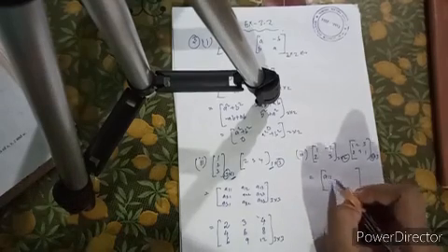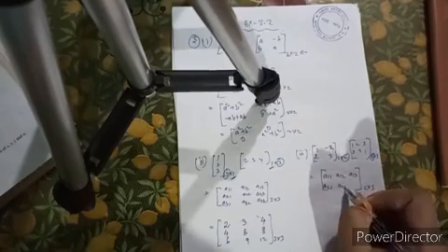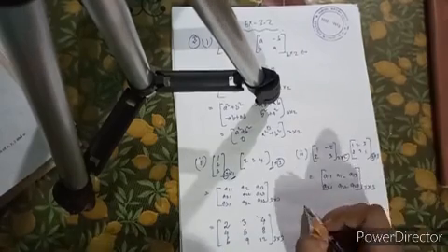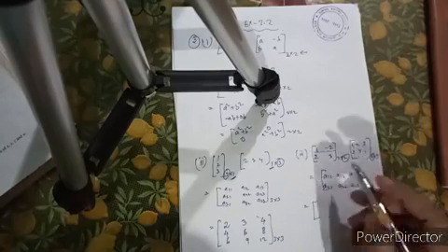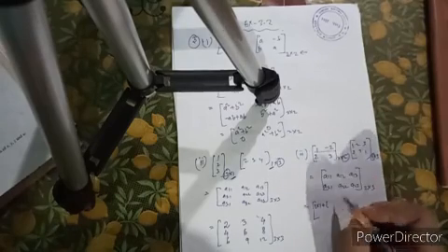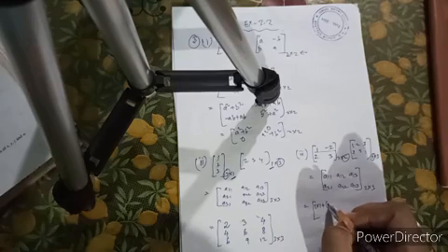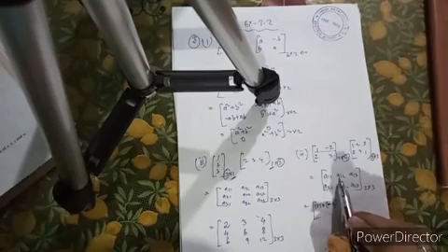That is A11, A12, A13, A21, A22 and A23. First row you have to multiply with first column. So 1 into 1 plus minus 2 into 2, that is minus 4. This is A11.